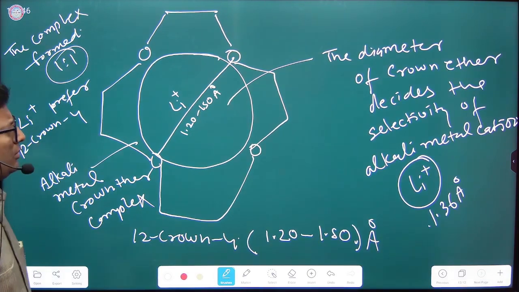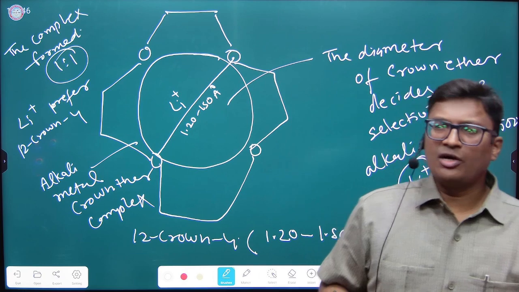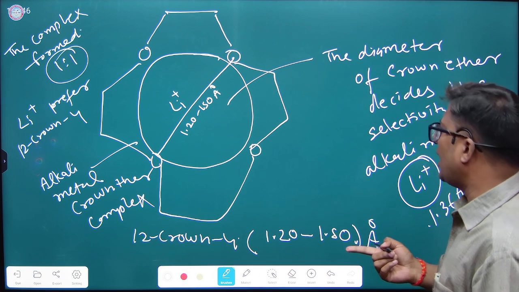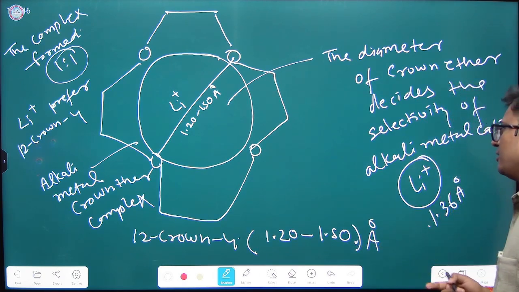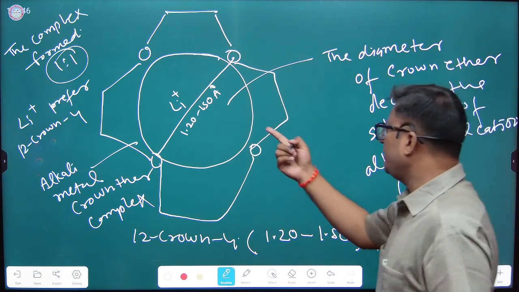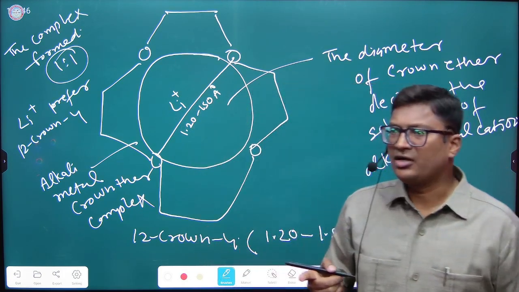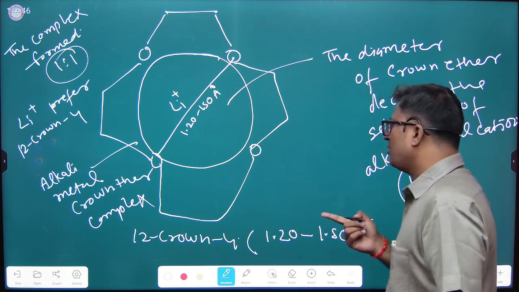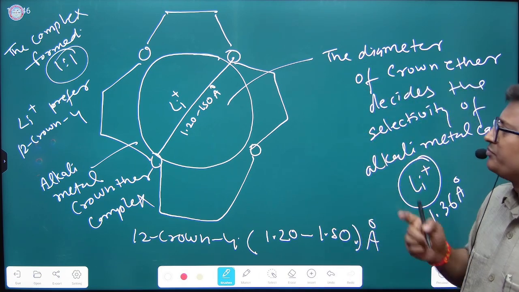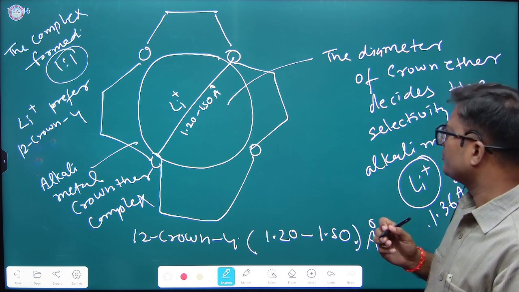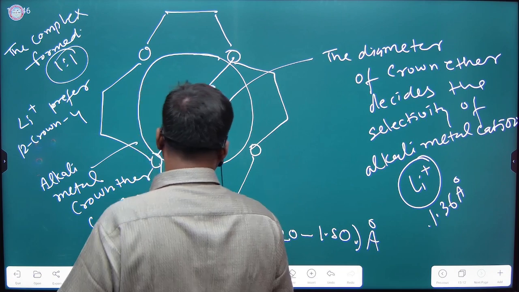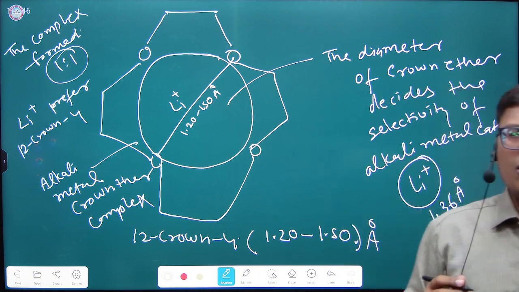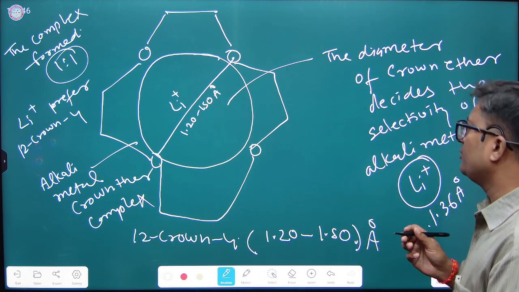Right? So here the size of the cavity, meaning the diameter of the cavity, should match the size of the alkali metal cation. Only then can it be fitted in this host, otherwise it will not bind with alkali metal cations which have size out of this range. So the selectivity is important because of the size match. Here the size effect is pronounced more efficiently, right?